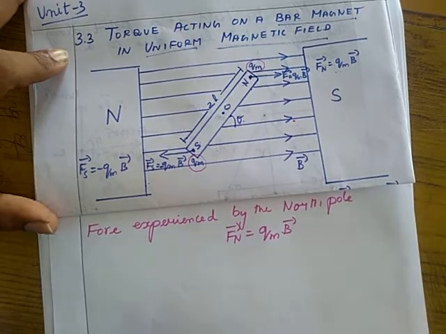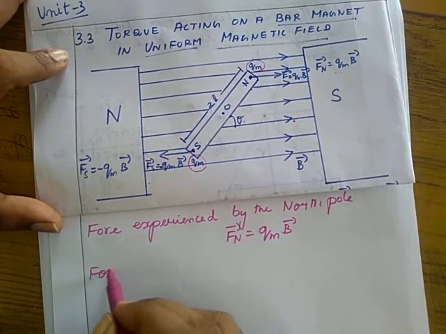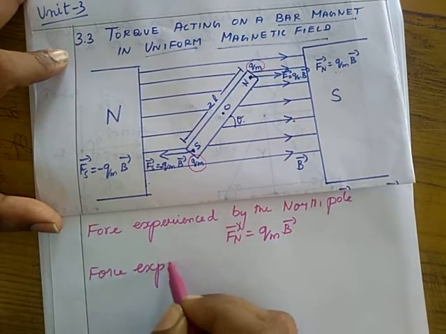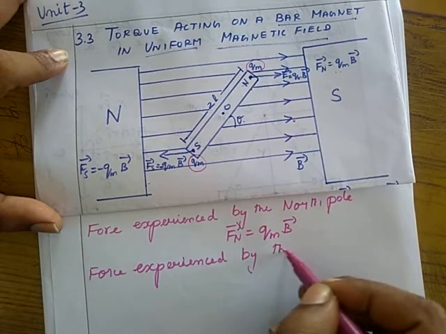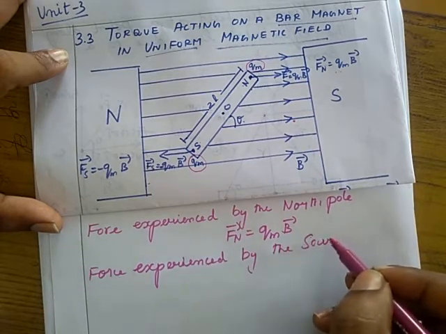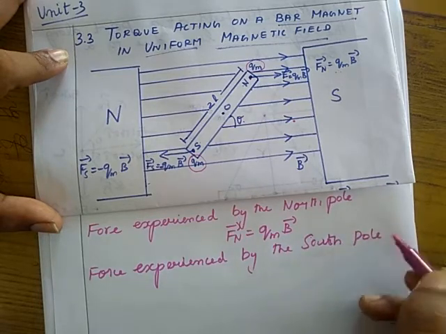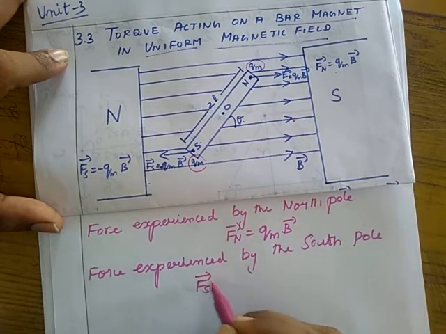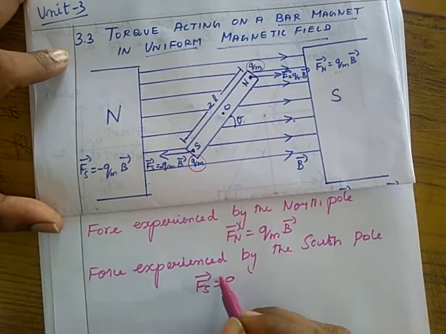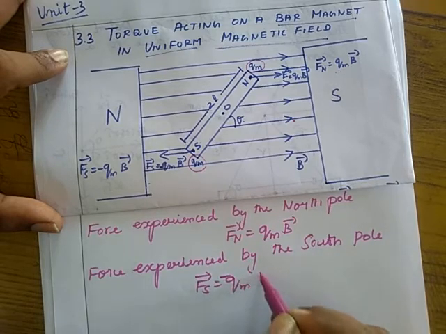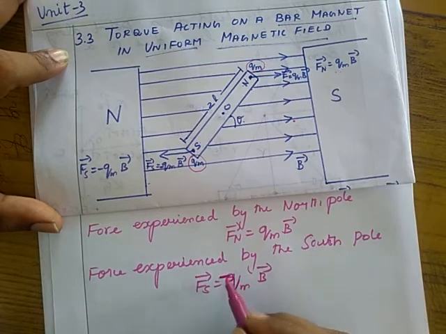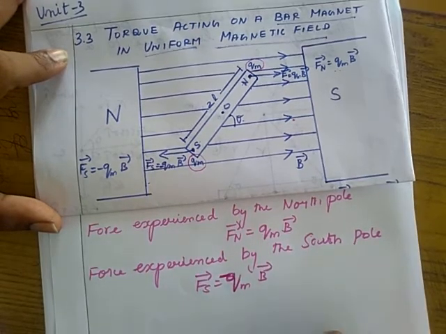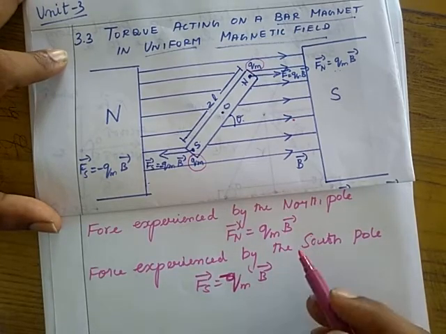Then the force experienced by the south pole of the bar magnet, that is Fs vector, is equal to minus Qm B vector. These two forces are equal and opposite. They are of the same magnitude but different direction.